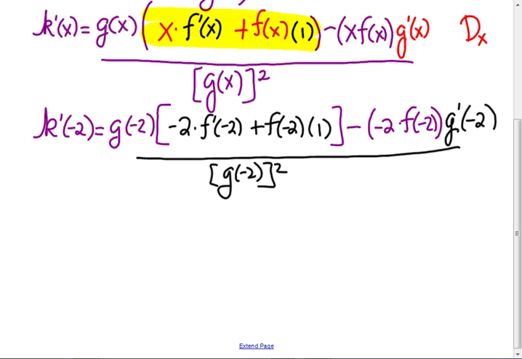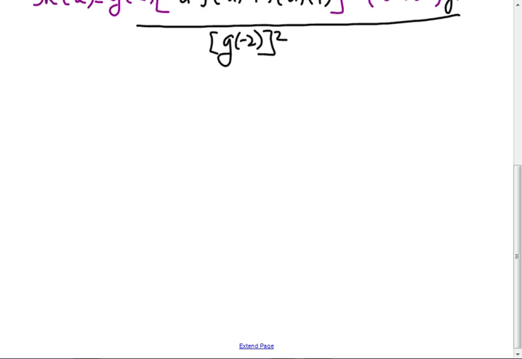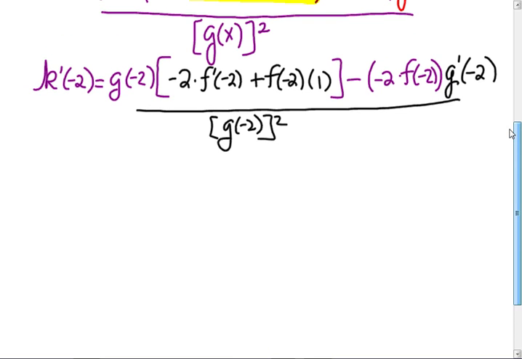Oh, there are lots of places to make mistakes. But we are not going to make a mistake, right? What's g of negative 2? Negative 5? I think you're supposed to get 43 over 25.